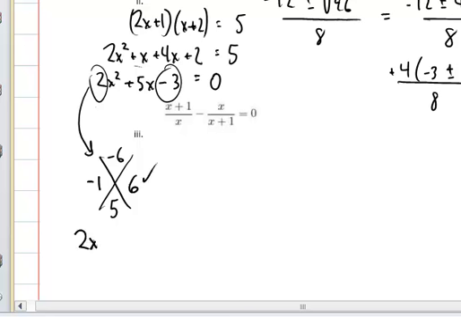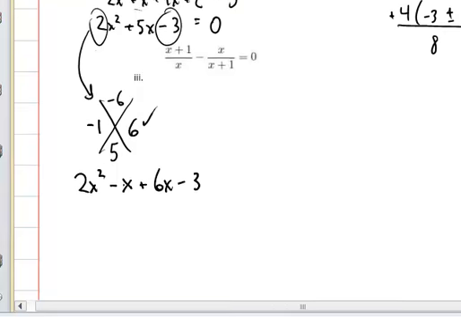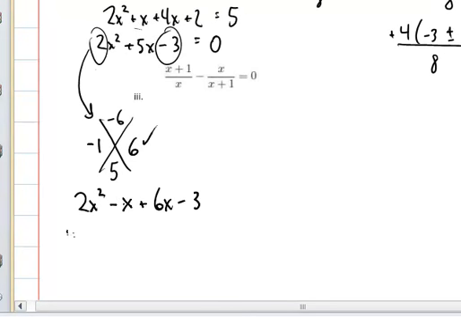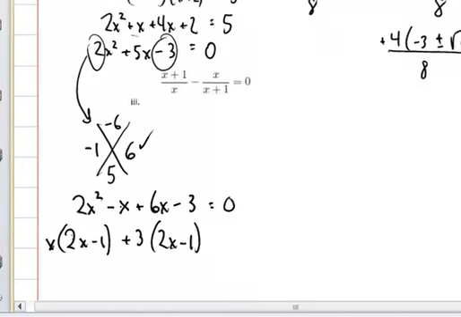So now I know what my magic numbers are for factoring. I rewrite it as 2x squared minus x plus 6x minus 3, and now I'm on my way factoring. I'm just going to factor out what's common to both, and that's 2x minus 1 there, and I'm going to factor out a positive 3 on this side, and I'll have 2x minus 1 here.